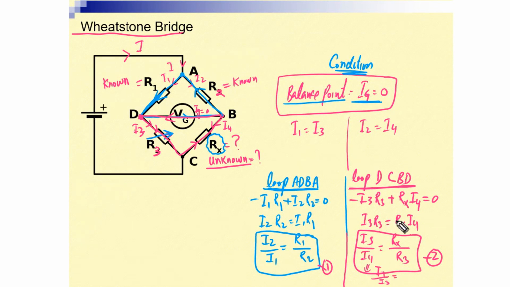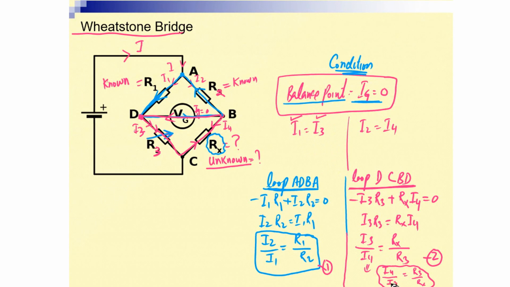So from here, if you want to see a little more clearly, you can go back because I want you to see the relation between these two. So we can go to this one. From here you can see we have I4 divided by I3, and this is R3 by Rx. So you can look at this one now. You see I1 is equal to I3.